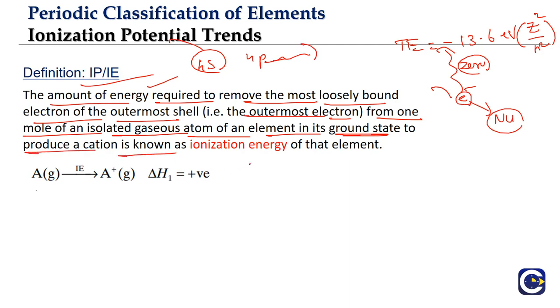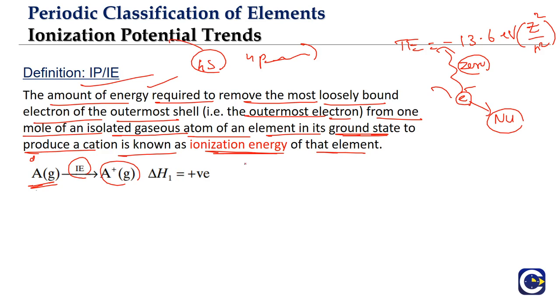That energy required is what we will call ionization energy, which means you have to remove the electron from the isolated gaseous atoms of the element, like you can see here. So we have an element A, an isolated atom in the gaseous state. We form the corresponding cation. The energy required is what you call ionization energy.